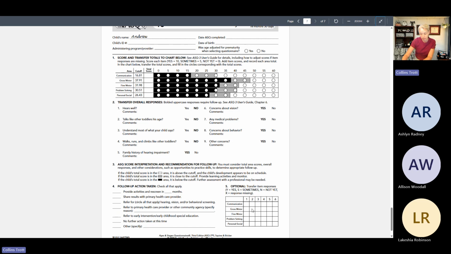But then Y, S. So I should have that back sheet completely filled out now.